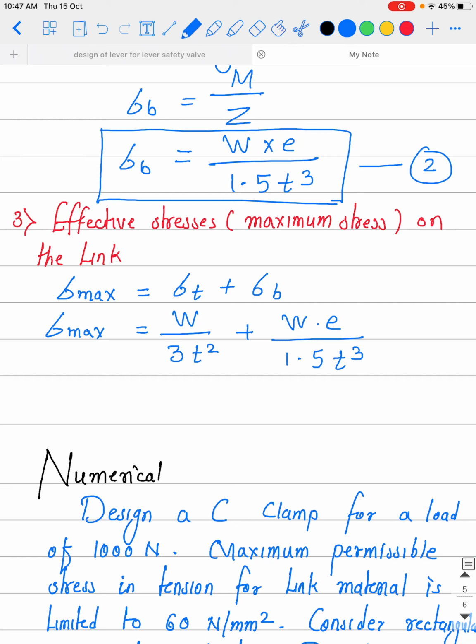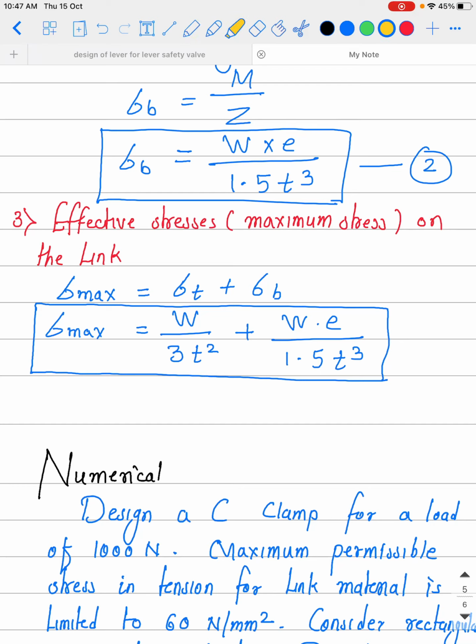Okay, so if you look at this equation, sigma max must be given, that is the permissible tensile stress, W is the load, and E is the eccentricity. So from this we can find out the unknown. What is unknown over here?